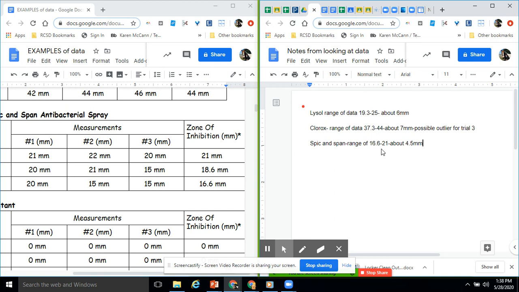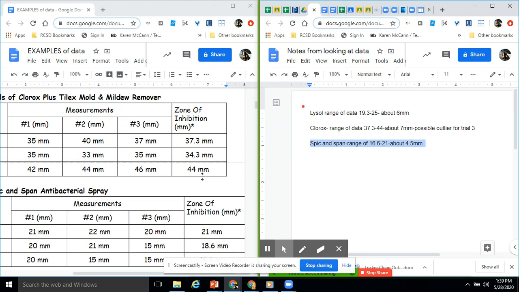So this one seems to be a little bit more consistent than the other two were, although Clorox might have that weird outlier. You see how these are a 2 millimeter difference, and then these are a little over 2 millimeter difference. That's why I can't call one of these an outlier, because they're all kind of the same distance apart.